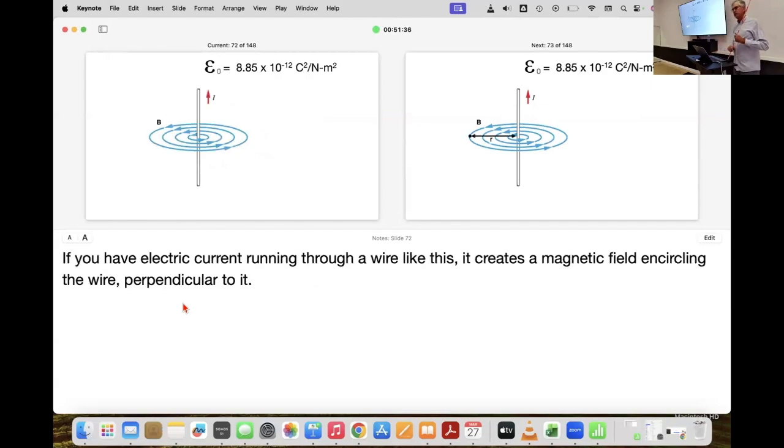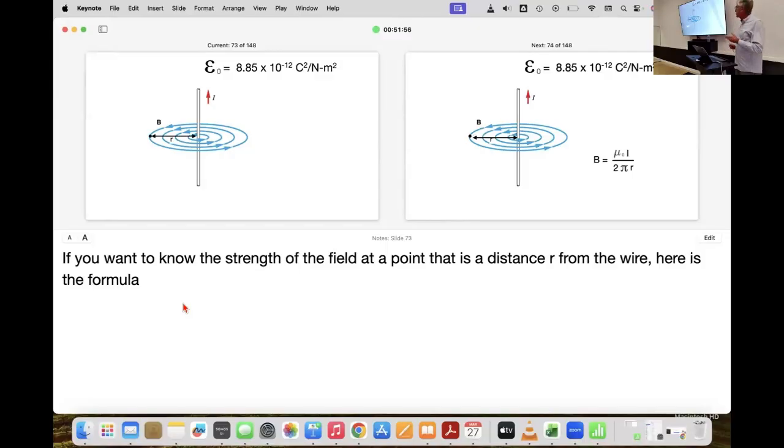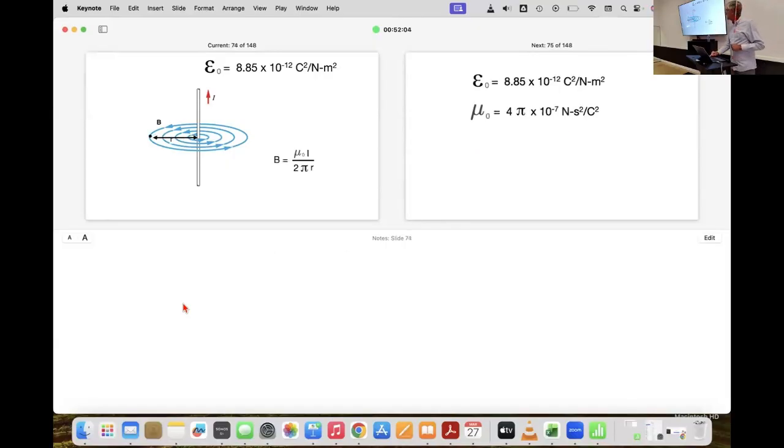Now, here's another thing. If you have current running through this wire, it will create a magnetic field, as shown. The magnetic field will consist of concentric circles around that wire, and it's perpendicular. And let's say you want to know the value of the magnetic field at some distance, r, from the wire. Here's the formula.